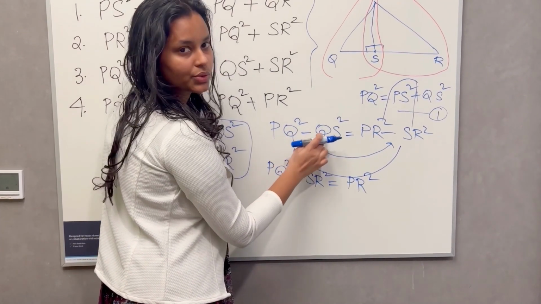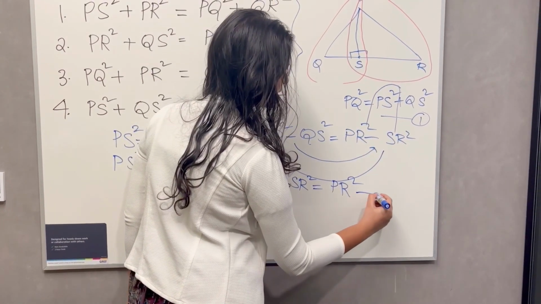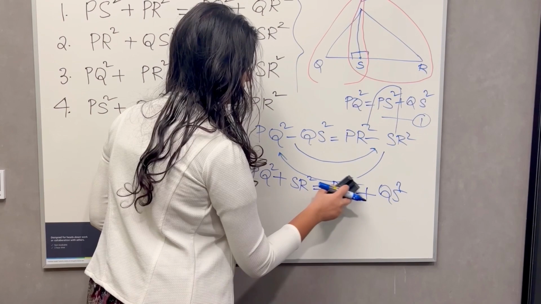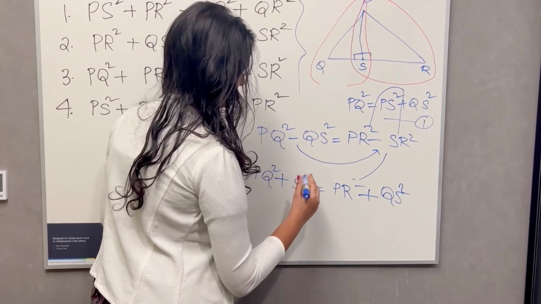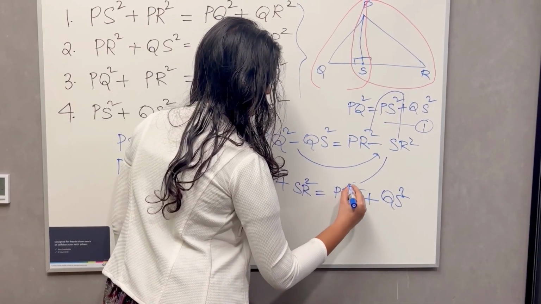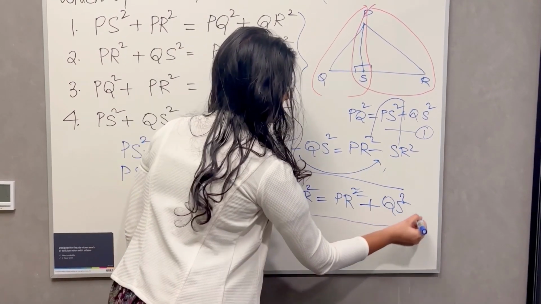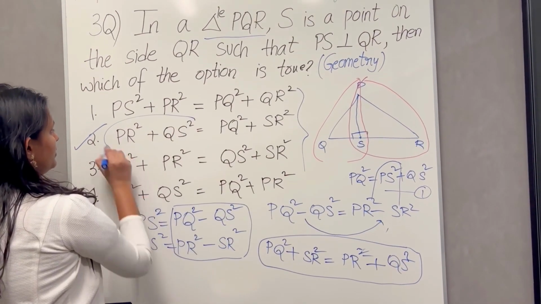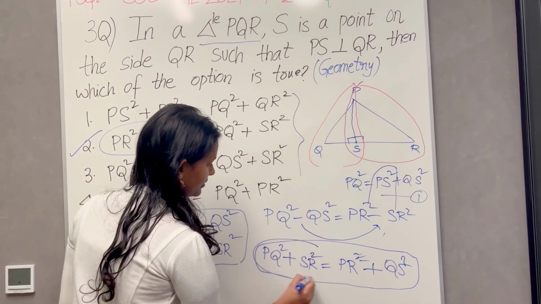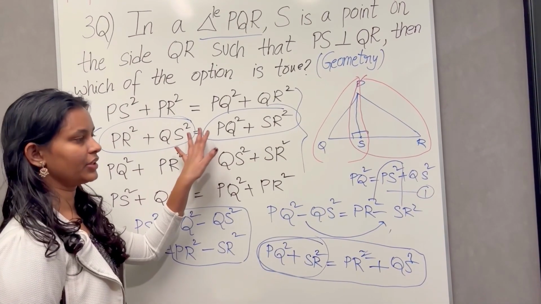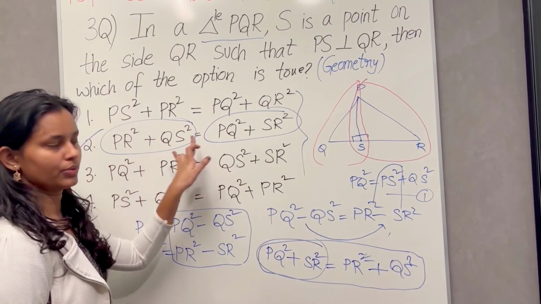Here minus QS square goes to the right hand side, so it becomes plus QS square. So this is our value. That is option D2.